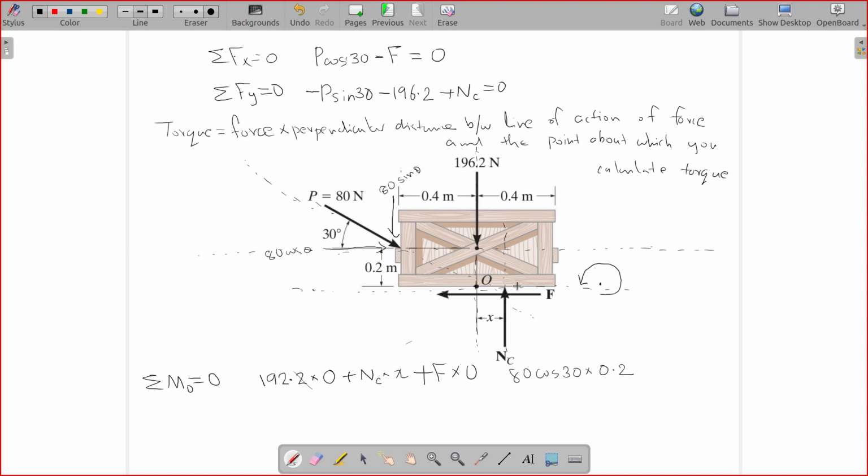Think about it. Let's say the object is pinned at the point O and you are using 80 cos theta to rotate it. Will it rotate in a clockwise direction or anti-clockwise direction?